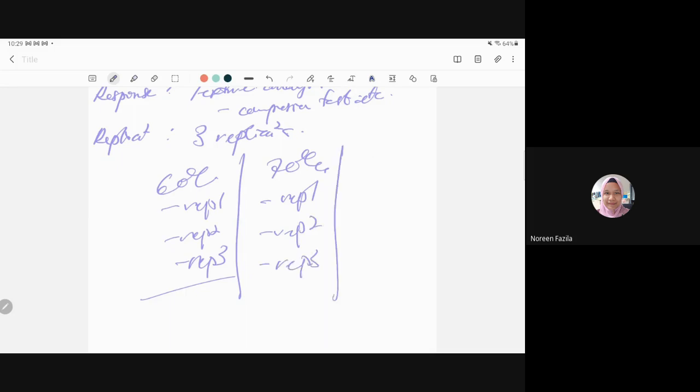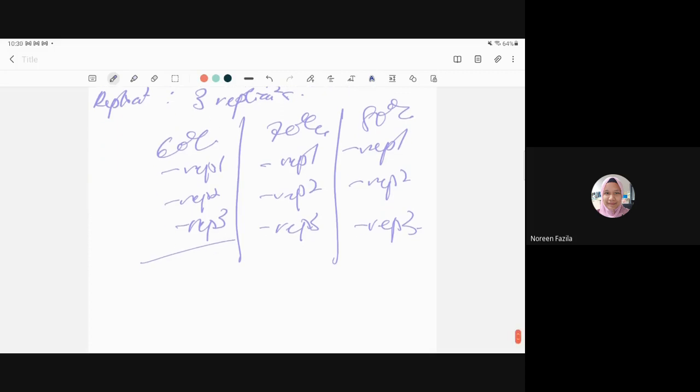Finish. Then they will do 80 degrees C: Rep 1, Rep 2, Rep 3. Finish. Even though it looks very systematic, we do not want this, because then there will be biases.